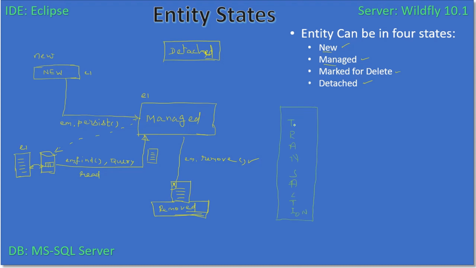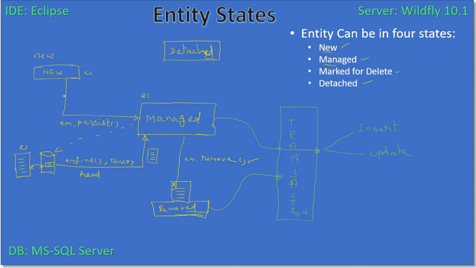So there will be a transaction, and we will learn about this transaction soon. When the entity is in the managed state, or when it is in the removed state, when a transaction commits, it will either issue an insert command, or it will issue an update command.